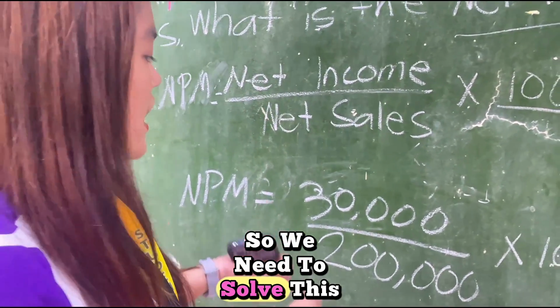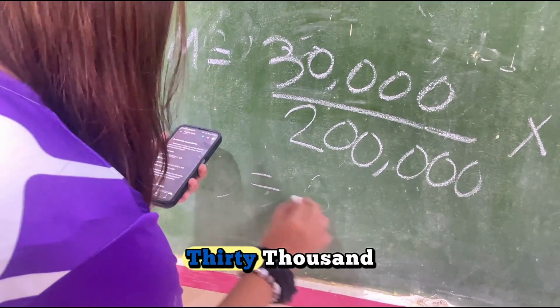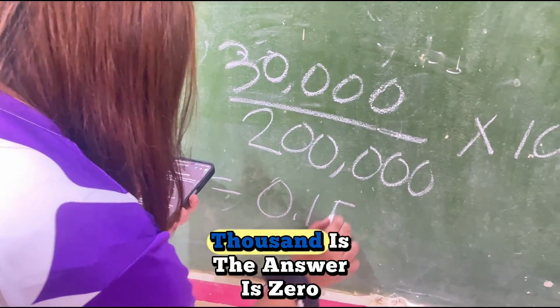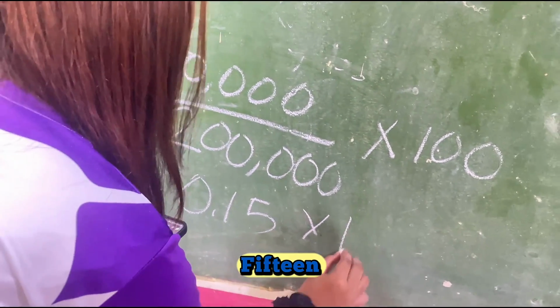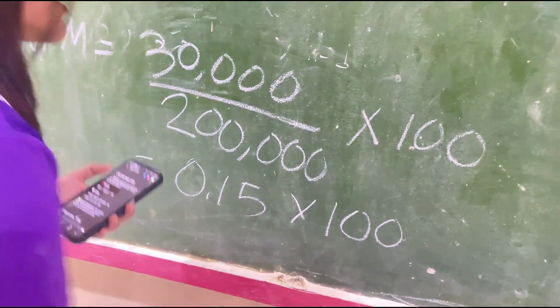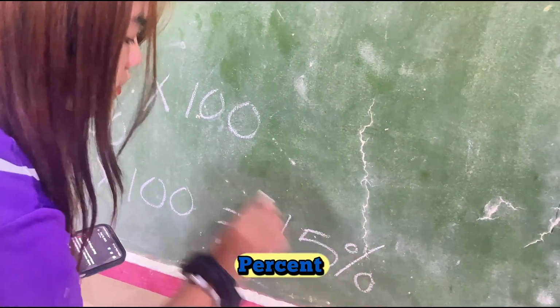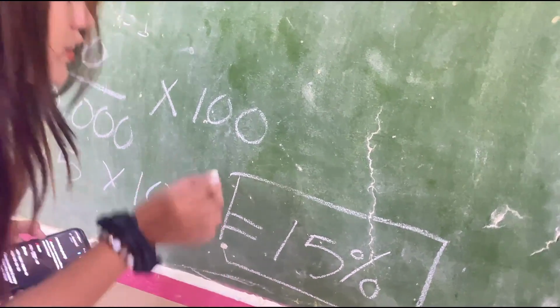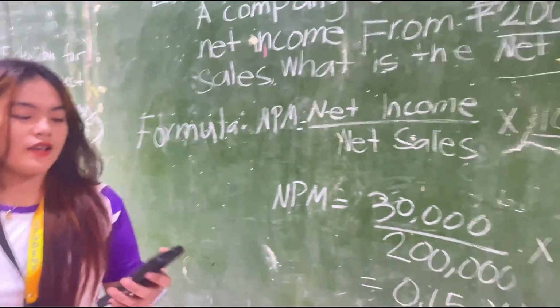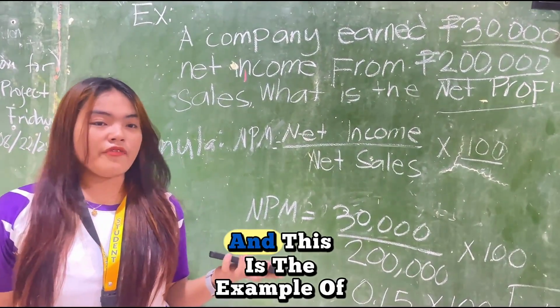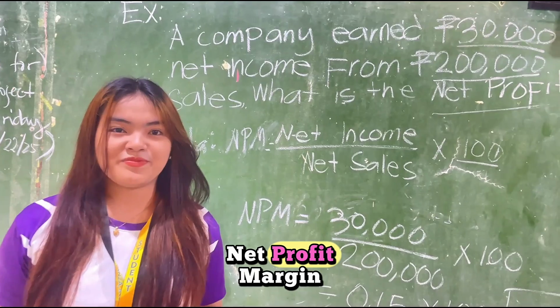So we need to solve this. 30,000 all over 200,000 is 0.15, times 100, the answer is 15%. And this is the example of net profit margin.